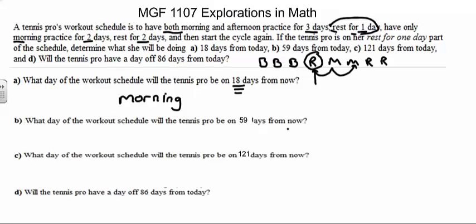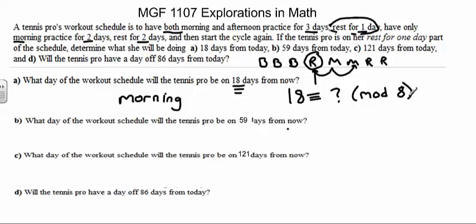So using the notation from this section, what we can do is we can say 18 is congruent to what? Mod 8. And again, it's modulo 8 because it's an 8-day cycle. And in this case, what we do to find that question mark is we divide 18 by 8 and we find the remainder.